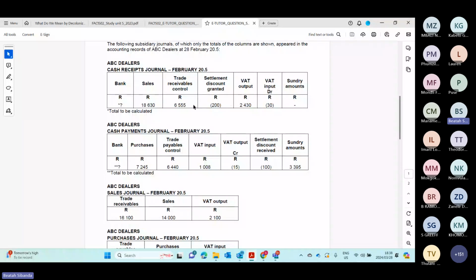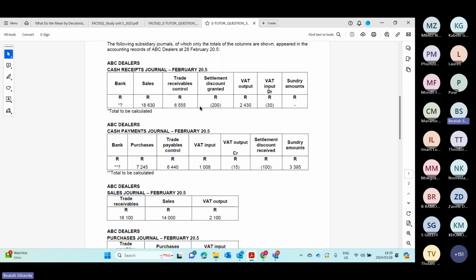So we are trying to determine the actual cash that we received in our bank account, either from sales or from cash that was received from debtors or trade receivables. Okay, I get it. Thanks.